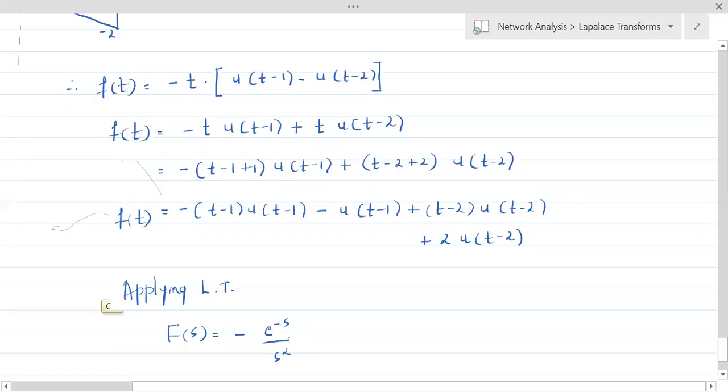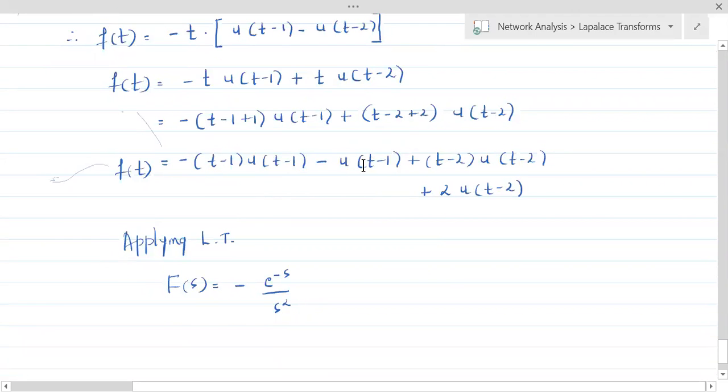Why is that so? Why is it e power minus s? Because it's a time shift and the shift is minus 1. Since the shift is minus 1, in the numerator you need the exponential e power minus s into the Laplace transform of the basic signal. T is the basic signal, not u of t. So 1 by s square.